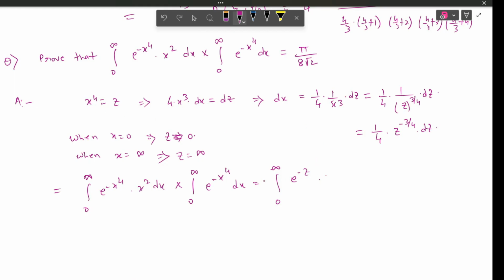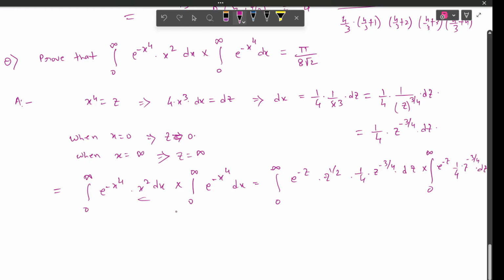So in place of x square, we can write z to the power half, and dx is 1 by 4 z to the power minus 3 by 4 into dz, into integration 0 to infinity e to the power minus z, and dx is 1 by 4 z to the power minus 3 by 4 into dz. Okay.